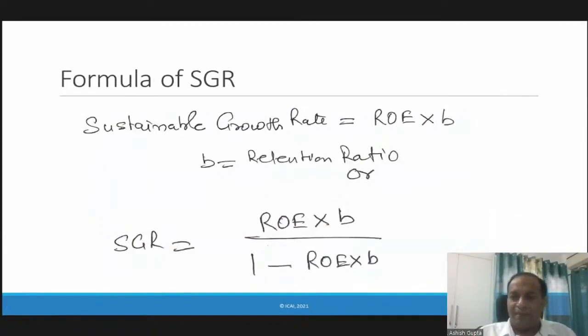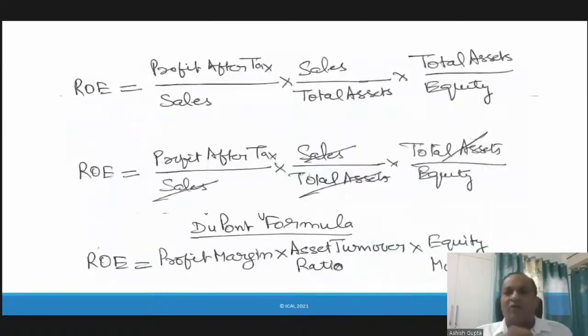Okay, students. Now, when I talk about ROE, I draw your attention to a concept you discussed at your intermediate level. Just recall it. What is this formula? I need the answer from you. This is return on equity.